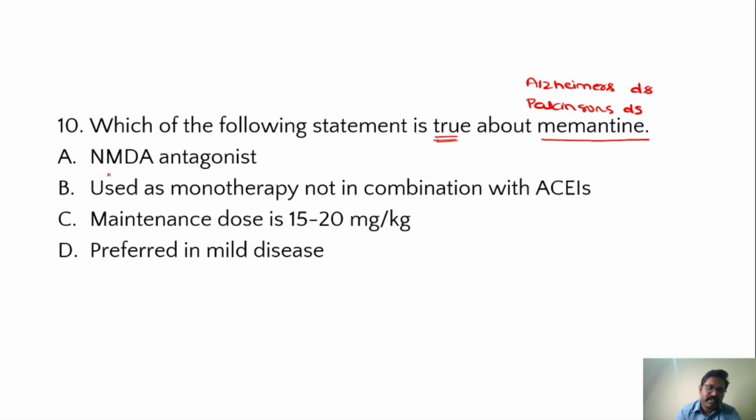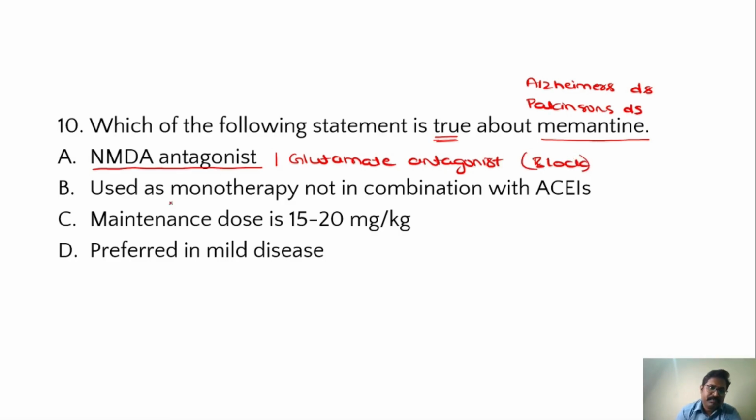Please remember, memantine is an NMDA receptor antagonist. It is also called a glutamate antagonist, where they are going to block the glutamatergic excitatory response.